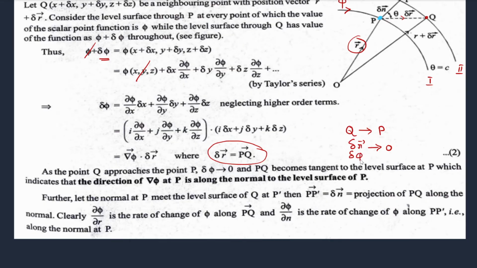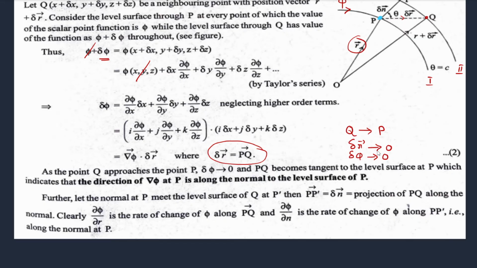Similarly, the value of δφ also tends to 0. As Q approaches P, δφ gradually reduces. Then PQ becomes tangent to the level surface at P.